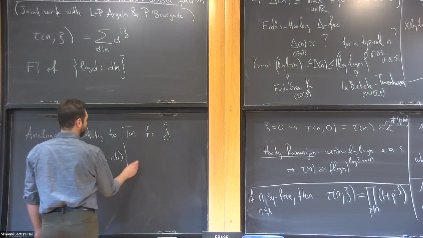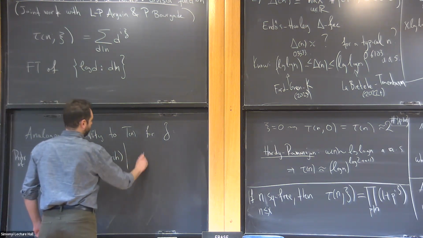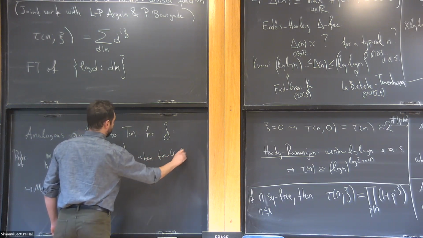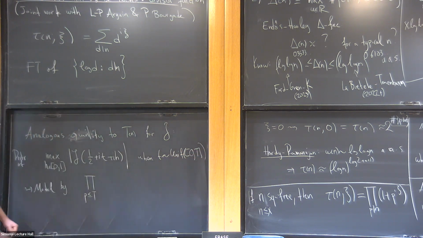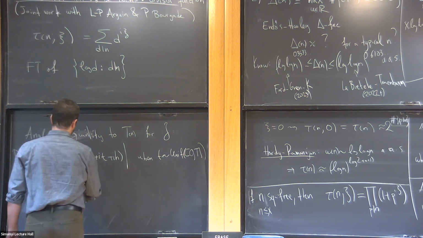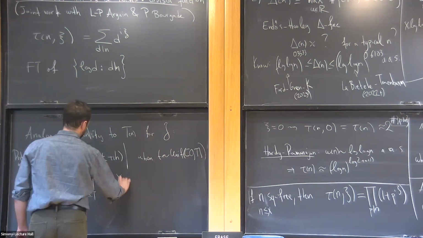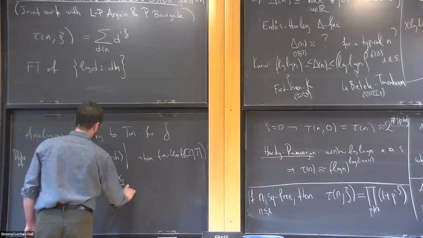So it would be the distribution of this when t is uniformly distributed on 0 to T. And I model this by the absolute value of 1 minus xp p to the 1/2 plus ixc. Sorry, h here.